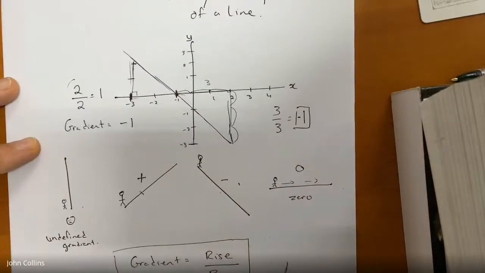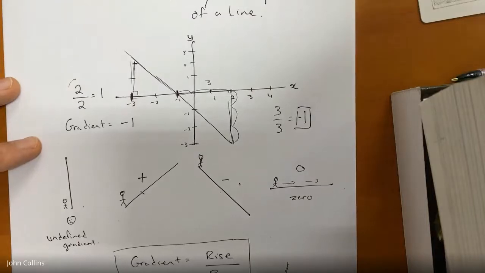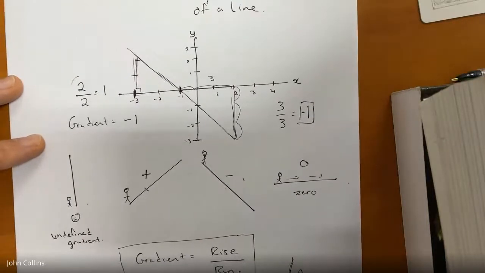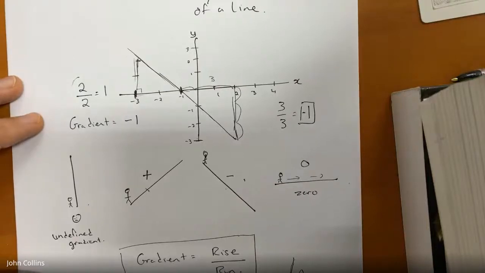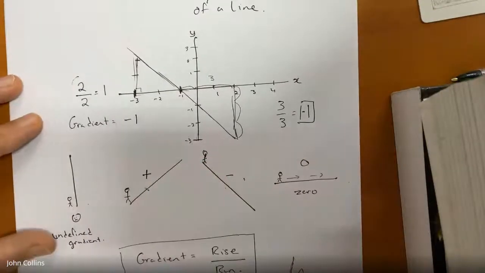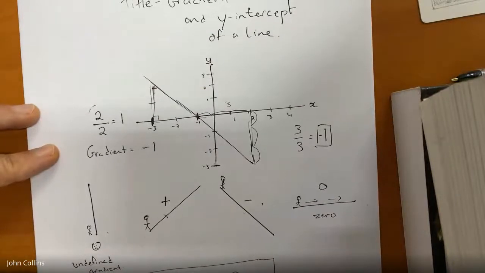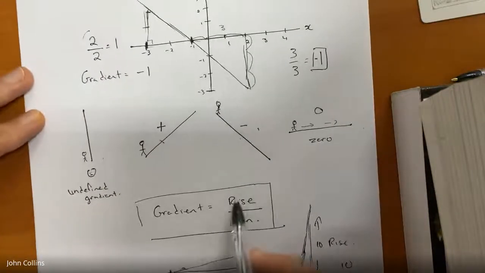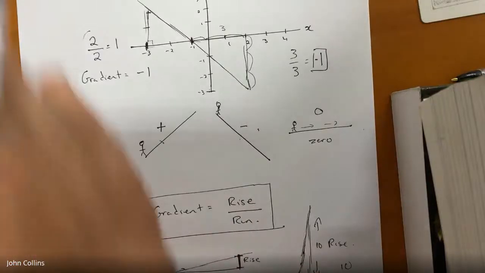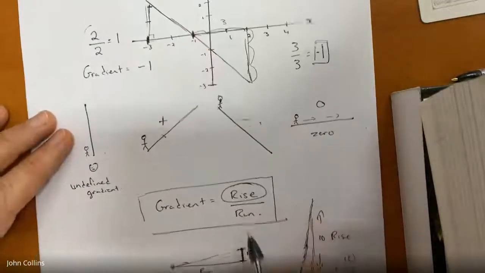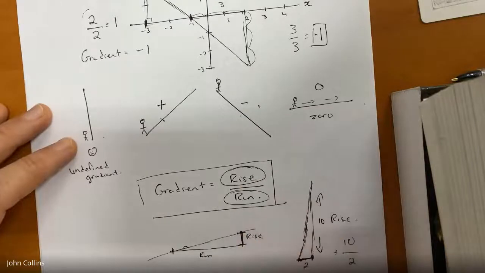So it doesn't matter where. You can pick any place. It's just easier to count boxes in some places than others. So pick a place where it's easy to find a right angle triangle and easy to count the boxes over and down. And then just write your gradient as how far it goes up or down on top of the fraction and how far it is moved over on the bottom of the fraction.